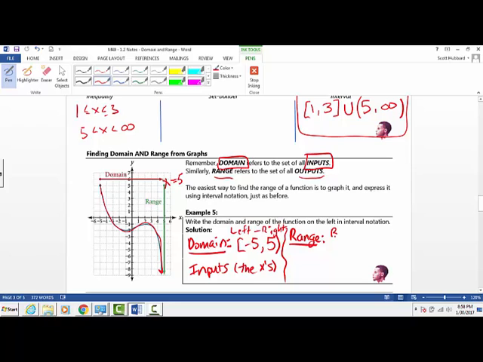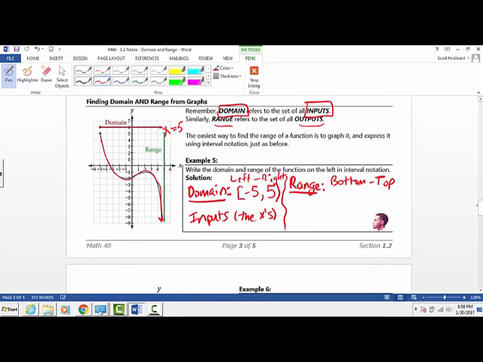So it's actually bottom to top, okay? What does that mean? Well, look at your graph here. Where is the lowest that you go? Remember, this is like a number line, so I have negative infinity down here, and infinity right there.